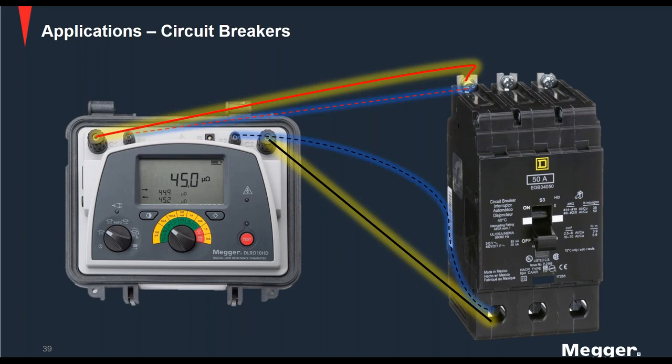So here we have a molded case breaker that's being tested using the DLRO 10 HD. So you can see that the red solid lead that has yellow glow is your current lead, and then your red dotted line with the blue glow is your potential lead. So those are your C1 and P1.